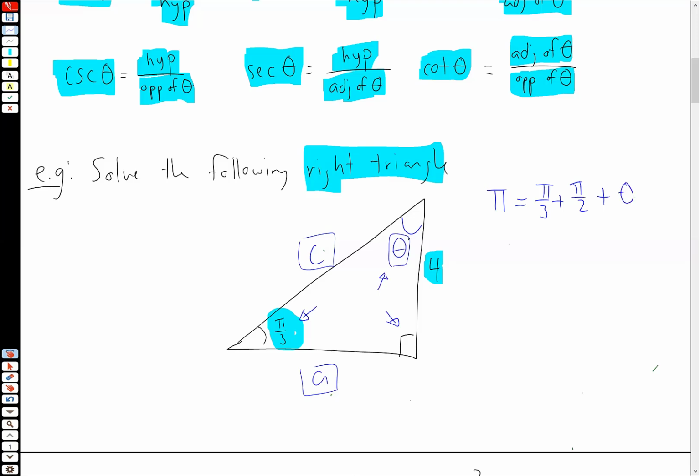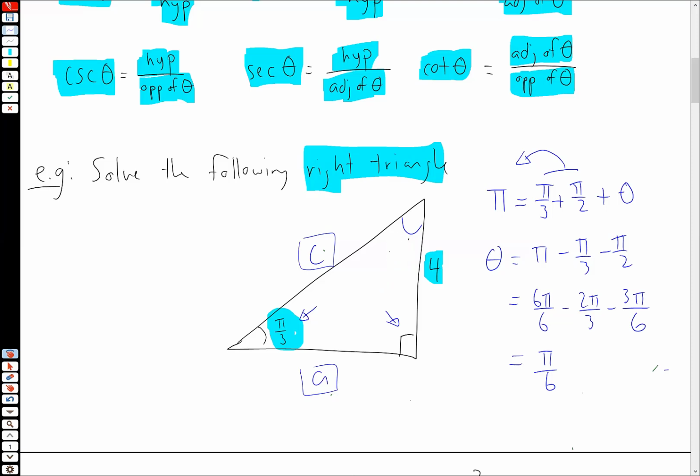So what is theta? Theta is just pi minus pi over 3 minus pi over 2. We're subtracting fractions, so let's get the same denominators, and we'll see that in the end we get pi over 6. So this other angle here is really just pi over 6.